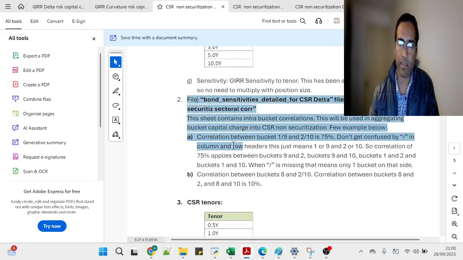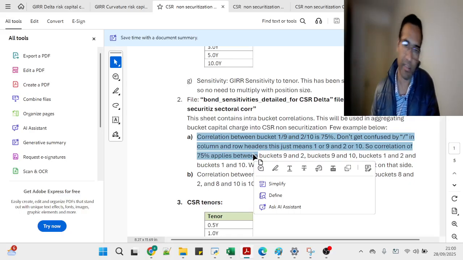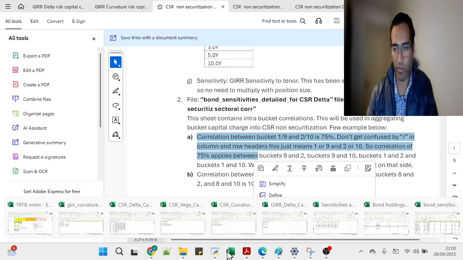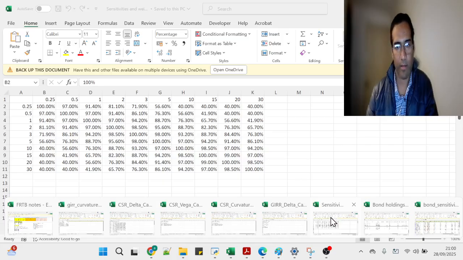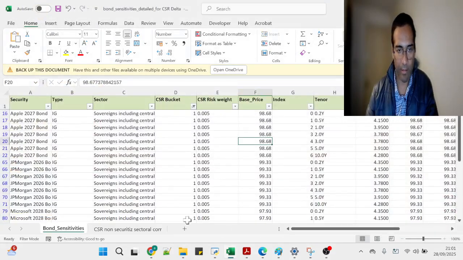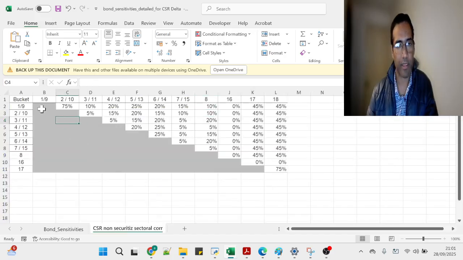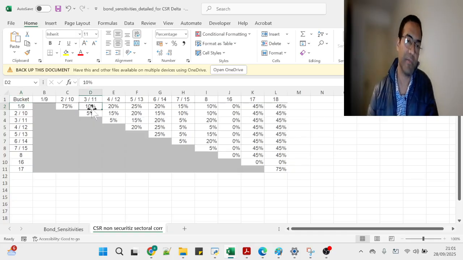And these are the bucket correlations for CSR, the correlations between different buckets, which is important. Let me show you what that looks like. It looks like this. For example, the correlation between bucket 1 and bucket 3 is 10%, bucket 1 and 4 is 20%, like that.